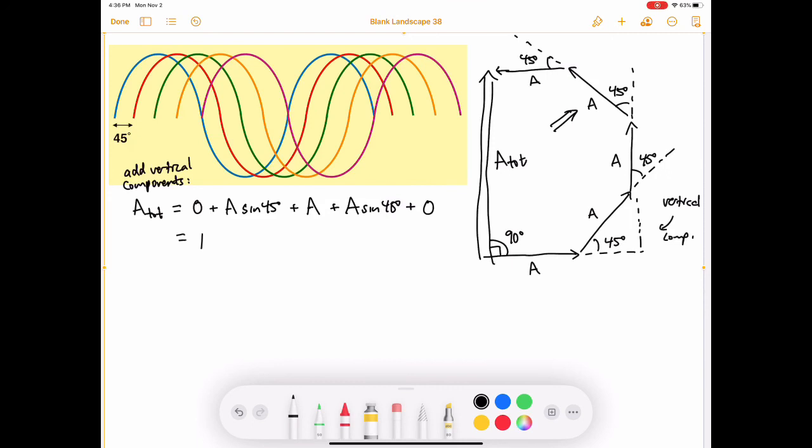So we have a factor of A we can pull out. Sine of 45 is root 2 over 2. Then we have just 1. And then sine of 45 again is root 2 over 2. So we have A times the quantity, root 2 over 2, I have 2 factors, so it's just root 2 plus 1. So it's approximately equal to, if we calculate that numerically, 2.41 times A.